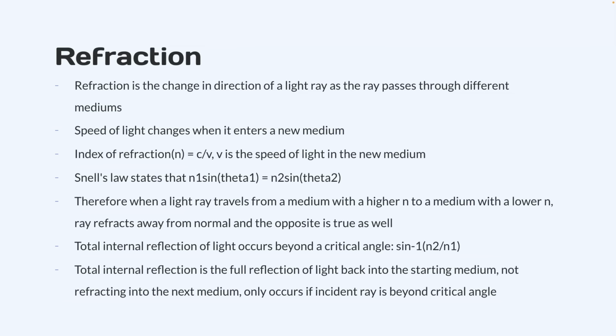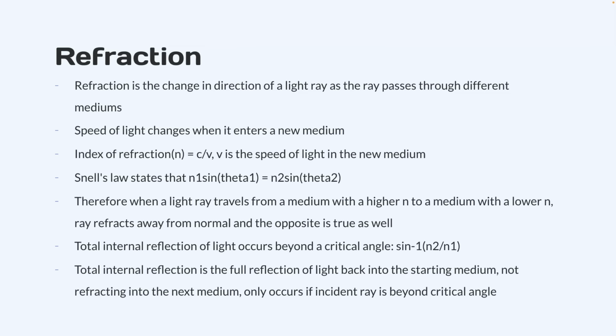Snell's law states that n1 sine theta 1 is equal to n2 sine theta 2, where n1 and n2 are the respective indices of refraction, and theta 1 and theta 2 are the angles the light ray makes with the normal. Therefore, by this equation, when the light ray travels from a medium with the higher n to a medium with the lower n, the ray refracts away from the normal, and the opposite will be true as well.